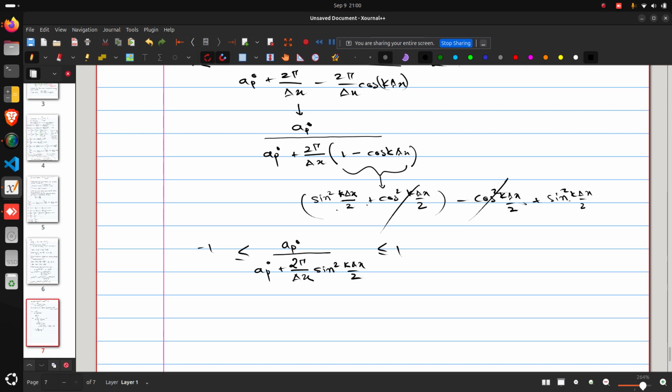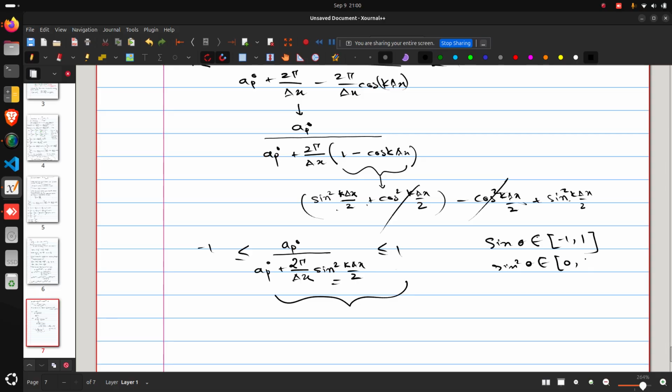Now the fun part. Let's look at this inequality. For sine square k delta x by 2, the sine theta may have a negative value. Sine theta has values from minus 1 to 1, but sine square theta will only have values from 0 to 1, right?